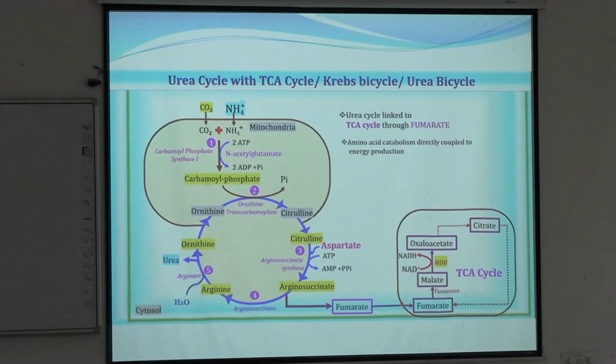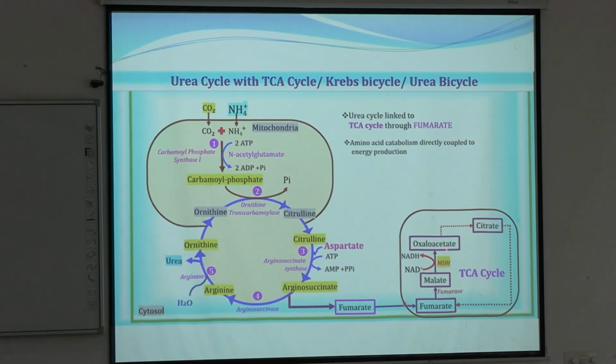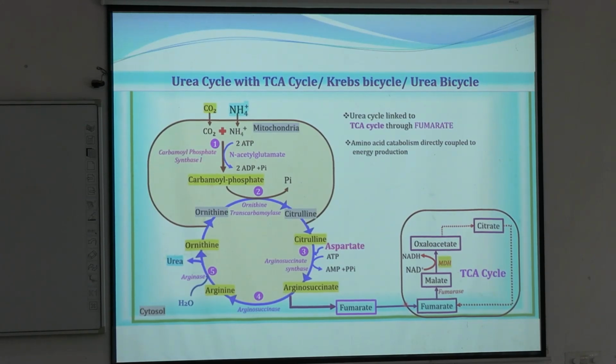Here fumarate will be converted to malate and malate will be converted to oxaloacetate, and thus the TCA cycle will run. Fumarate to malate is by the fumarase enzyme, and malate to oxaloacetate by malate dehydrogenase. All this occurs inside mitochondria. The TCA cycle occurs in mitochondria. So this fumarate will go back to mitochondria and the TCA cycle will run. So this fumarate links the urea cycle to the TCA cycle. Is it clear?